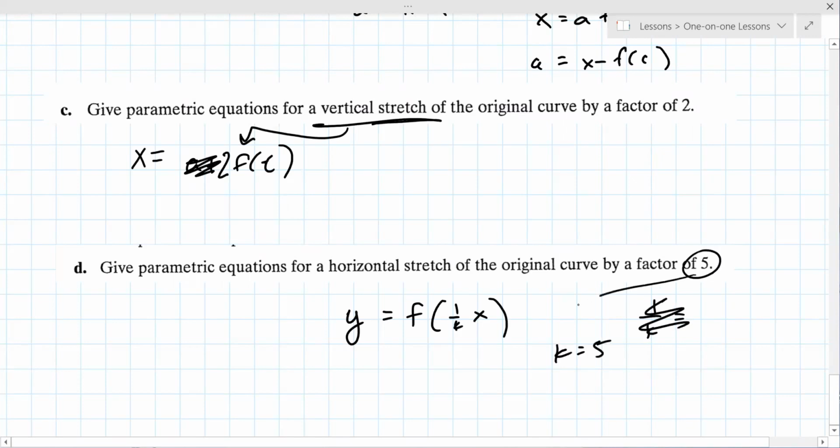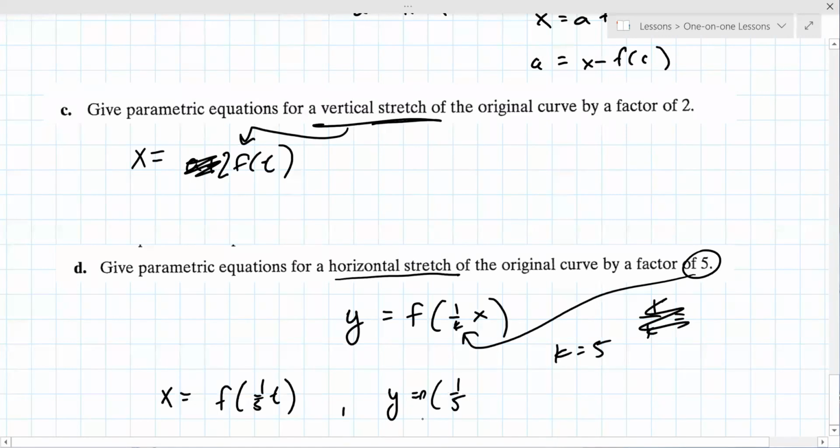So this 5 goes down here when it's inside a function. It's a reciprocal. So it would be x equals f of 1/5 t, y equals 1/5 g of 1/5 t.